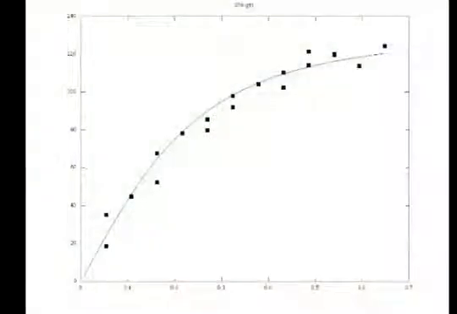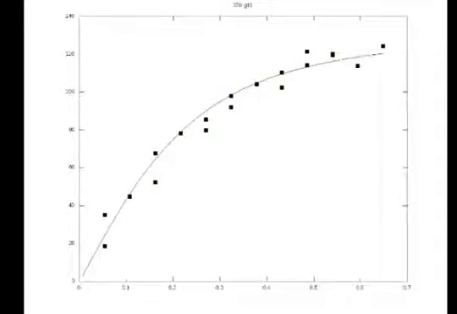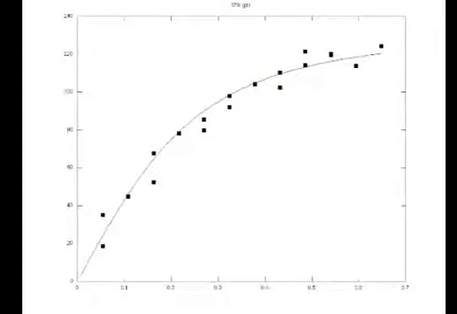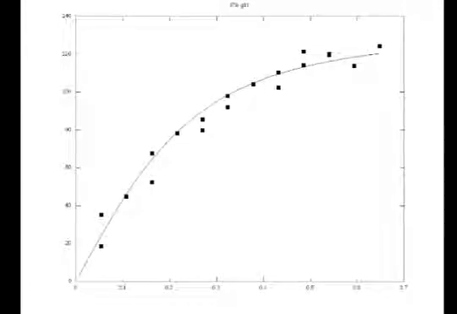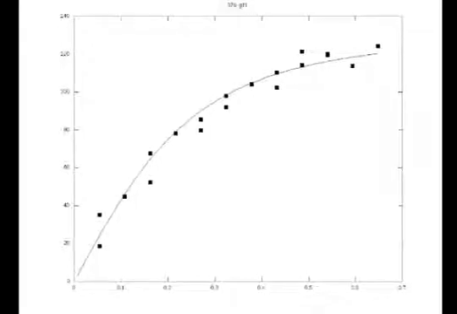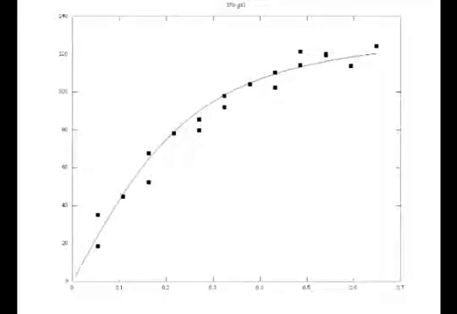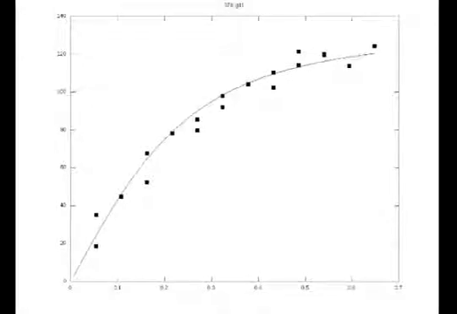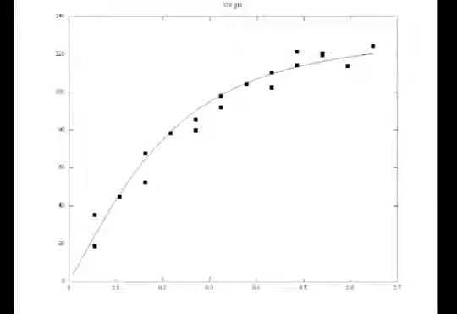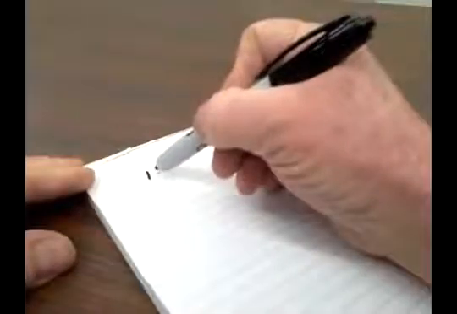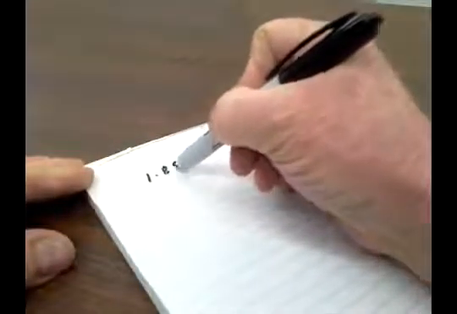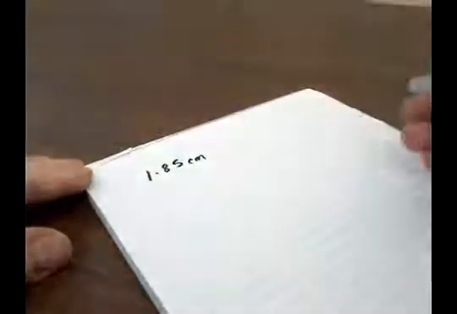Here we have the rotation profile of ESO 378-11. This rotation profile is from Persic and Salucci and gives a maximum rotational velocity of 132 kilometers per second. The average arm separation we had from before, if we take the average, we get 1.85 centimeters.